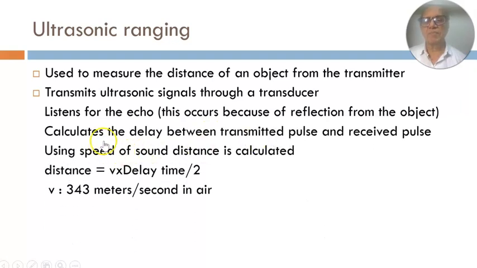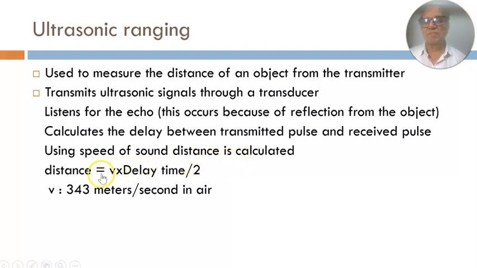Then you calculate the delay between the transmitted pulse and the received pulse, and we shall see how we are going to do that. Once this delay is known, you can calculate the distance by using the speed of sound. That will be V into delay time divided by 2, because the transmitted signal goes to the object and then comes back, so it is actually traversing the distance 2 times.